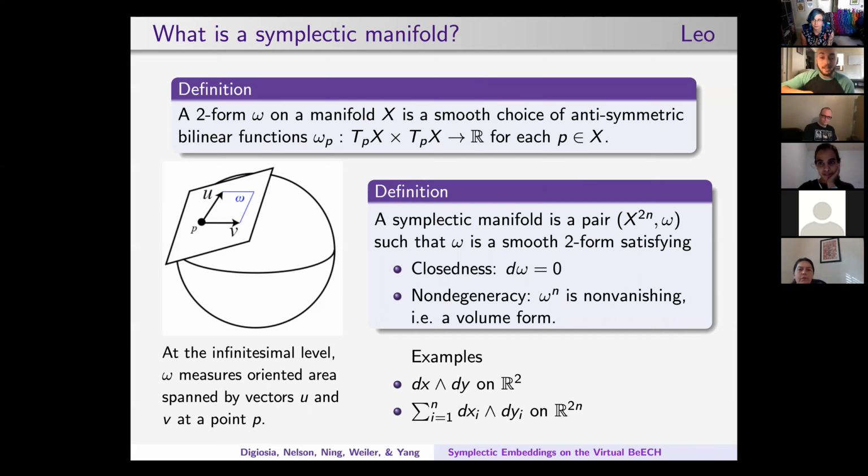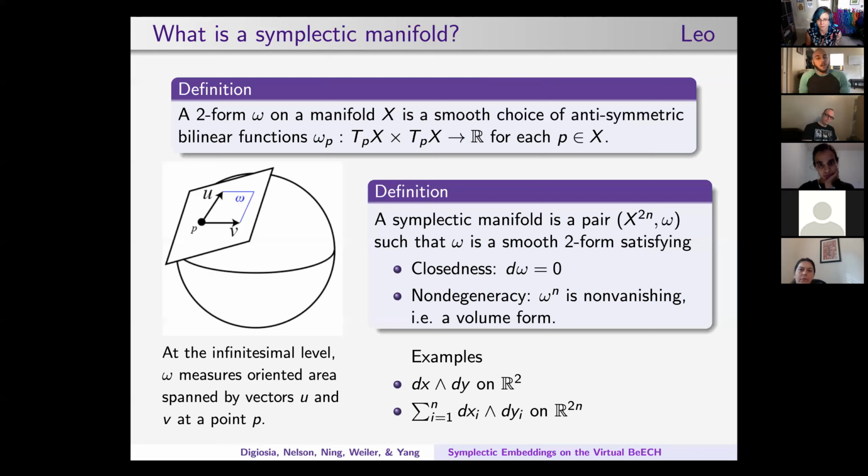And a symplectic manifold is necessarily an even dimensional manifold that comes equipped with a two form that satisfies these two properties that we see. The first property is a closedness property. If you know what the exterior derivative of a form is, this essentially tells you that as a three form, its exterior derivative is 0.